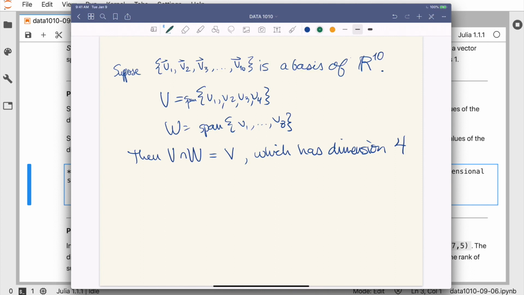If we modify this story by just sliding the vectors over, so for example, instead of V1 up to V8, we can do V2 up to V9. Then the intersection, V intersect W, is going to be the span of V2 through V4.